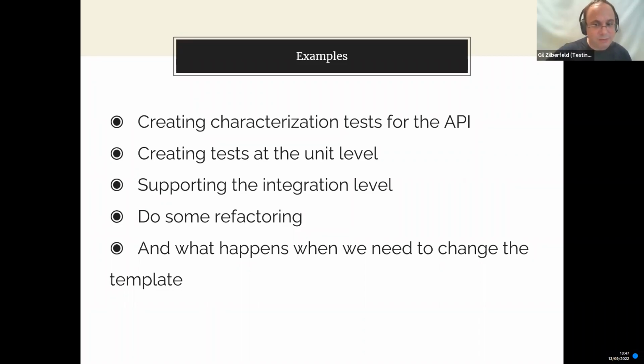My component may be changing, and my API calls this component, but somebody else's API may call this component as well. And what am I maintaining here is very important to define. So we talked about the integration level, the boundaries of what we're talking about, how to capture that as well, or capturing inside it. We did a bit of refactoring just to show how the process is, and what happens when we need to change the template.